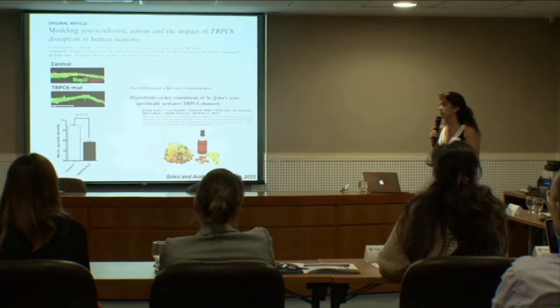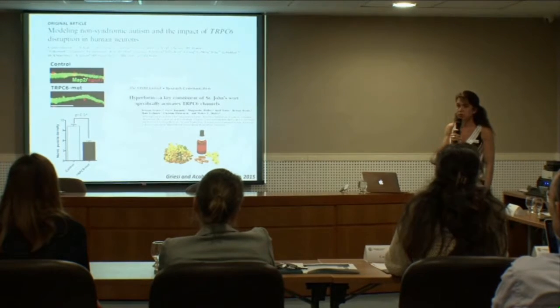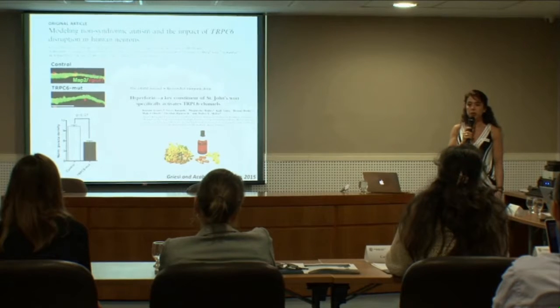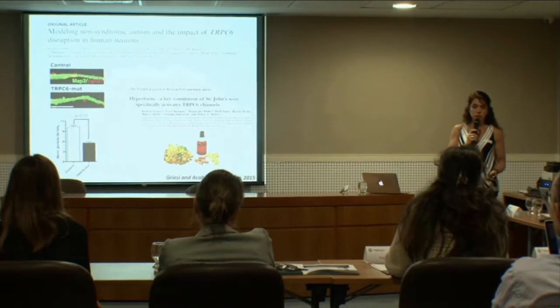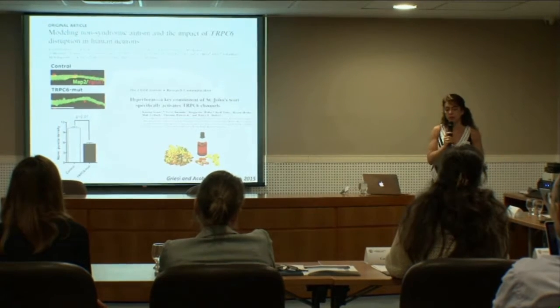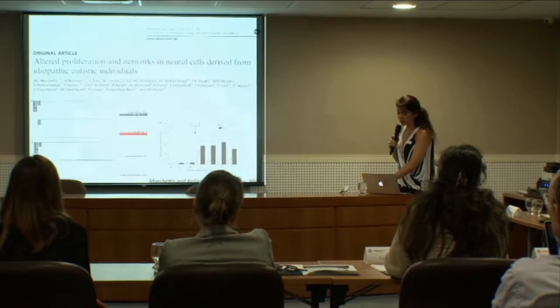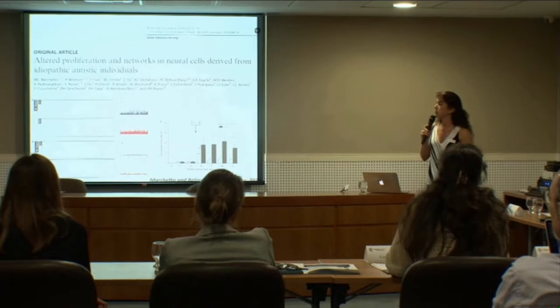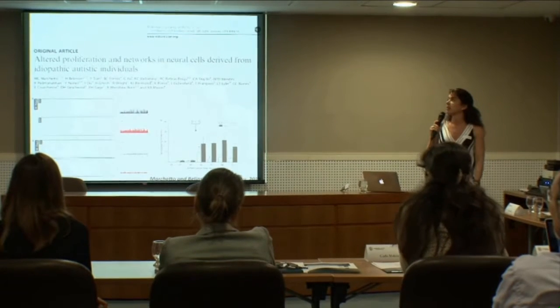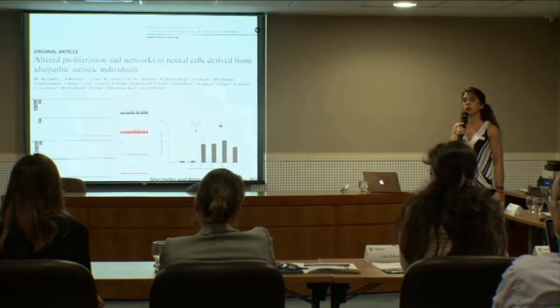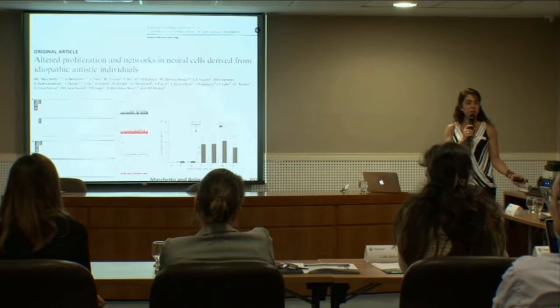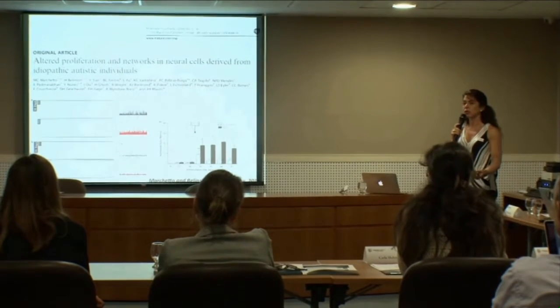They found that using hyperforin, a drug used for depression, they could rescue the neurons. So this is the second example of good work using iPS cells to model disease. And this is the third article related to autism. We just have three published until now using this technology.